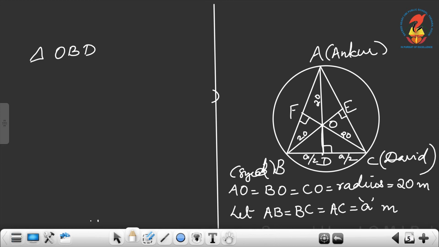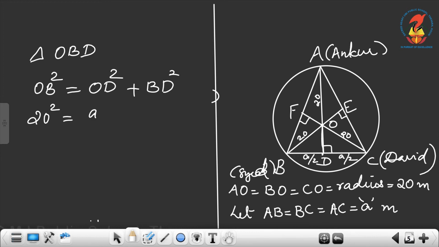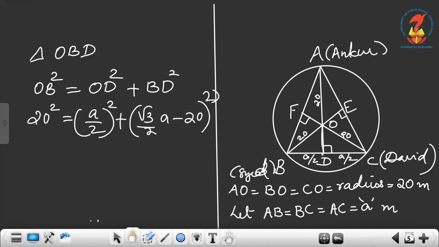In triangle OBD, OB square is equal to OD square plus BD square. So we got OB square as 20 square. 20 square is equal to a by 2 whole square plus root 3 by 2a minus 20 whole square. This is what we got.